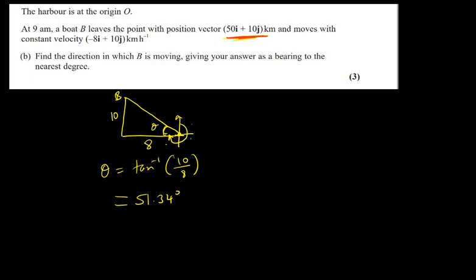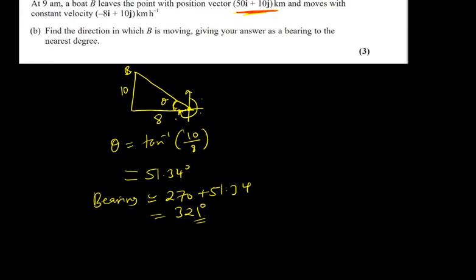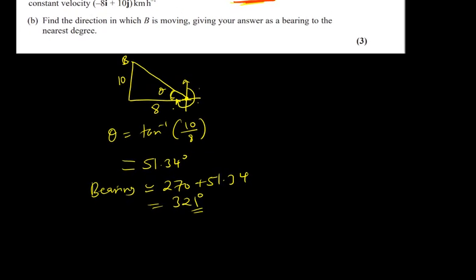So the bearing is going to be 270 plus 51.34, which gives you the answer 321 degrees. That's the answer that's required, not in exact form. This is an approximation. Nice.